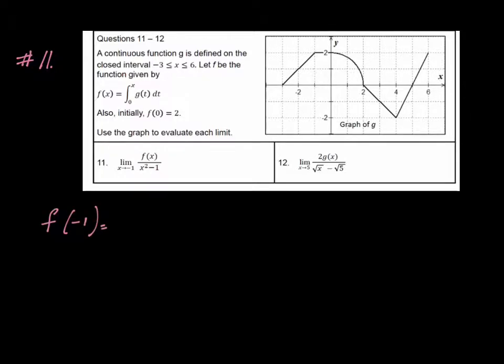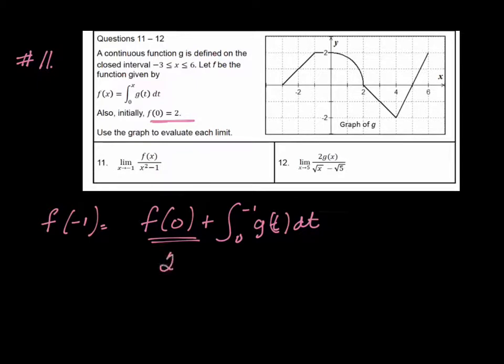Well, f of negative 1 is f of 0 plus, remember, the fundamental theorem of calculus, the integral from 0 to negative 1 of g of t dt. Well, f of 0 is 2, and you have to switch this, so it's minus the integral from negative 1 to 0 of g of t dt. And so it's 2 minus 2, so you get 0.